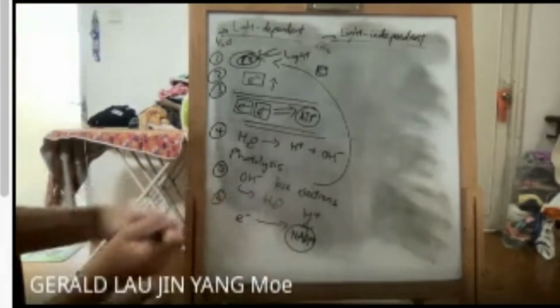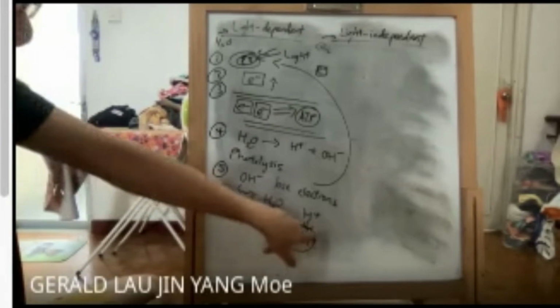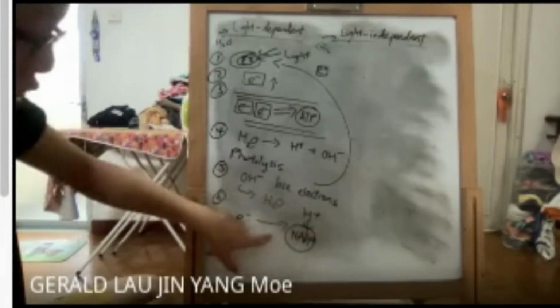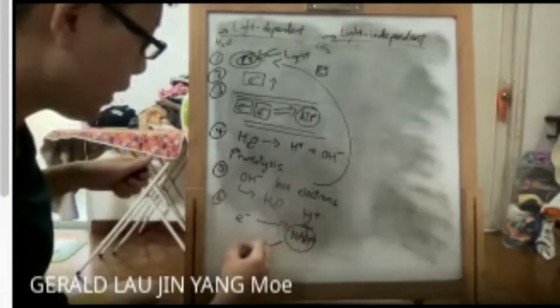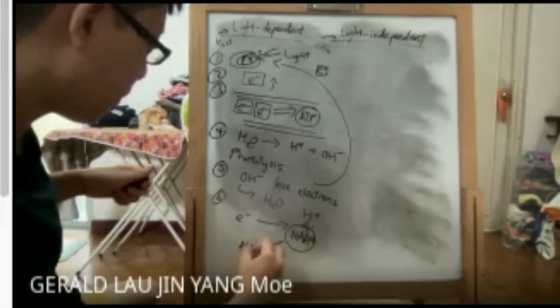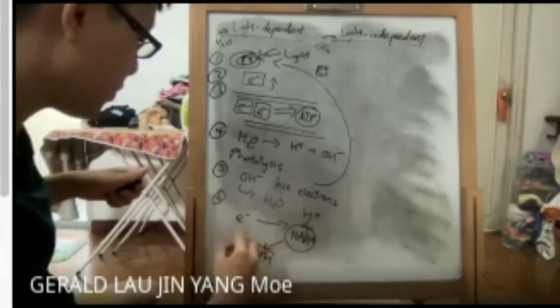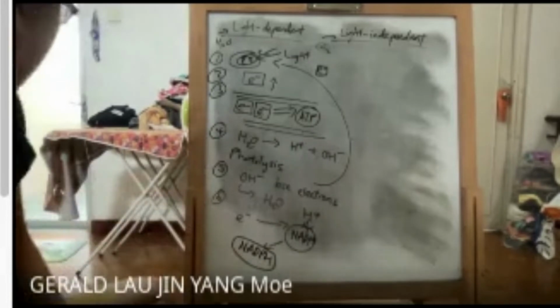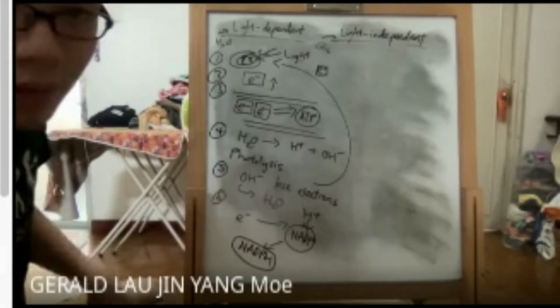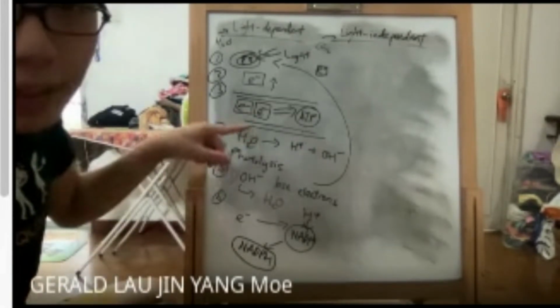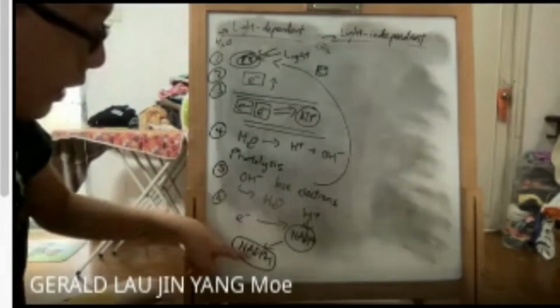NADP+ combines with H+ and the electron to form NADPH. So the end result of this light-dependent reaction is NADPH.